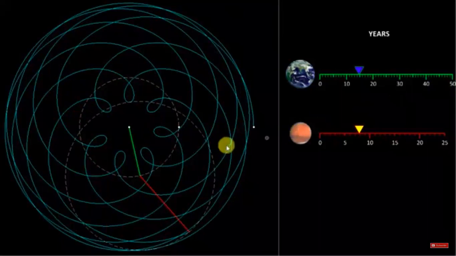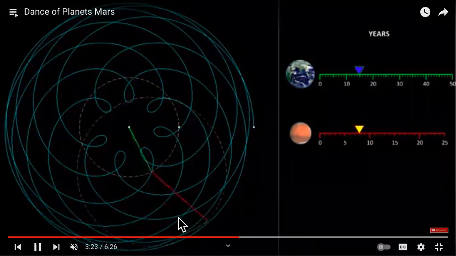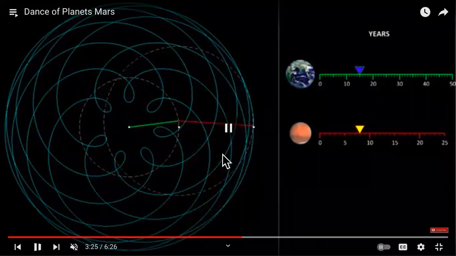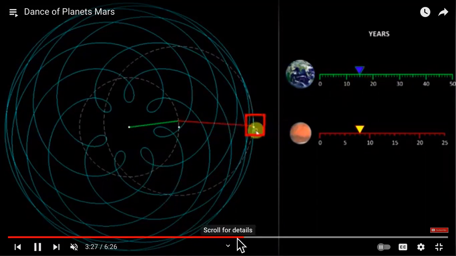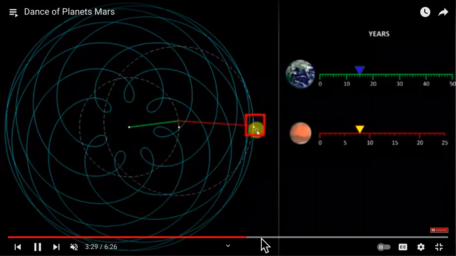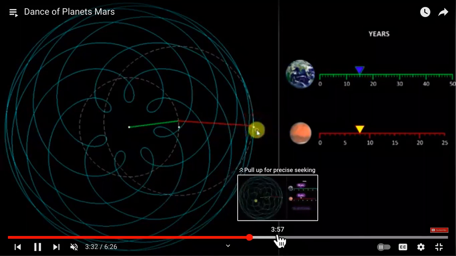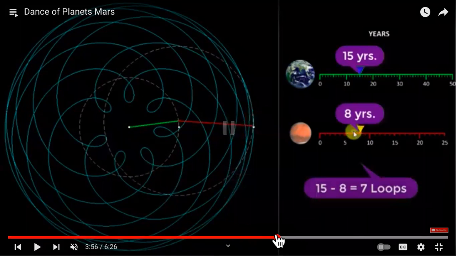So let's say, when this loop is entirely completed, from year to year, we have around 1, 2, 3, 4, 5, 6, 7 loops. Seven loops which have been formed, right? And in this time period, you would be able to understand that Earth has taken 15 years, that is around 15 rotations around the sun.